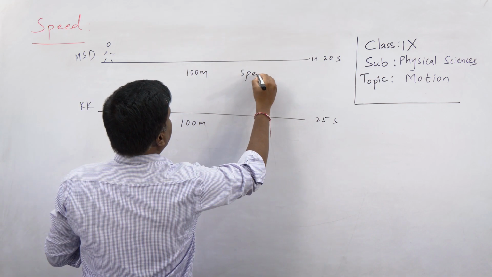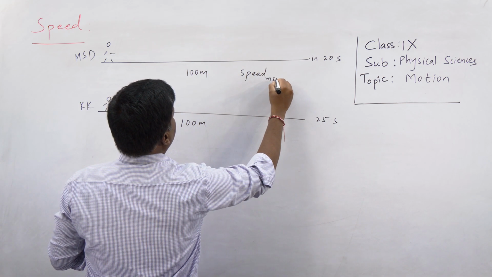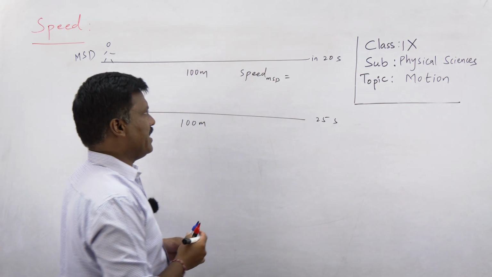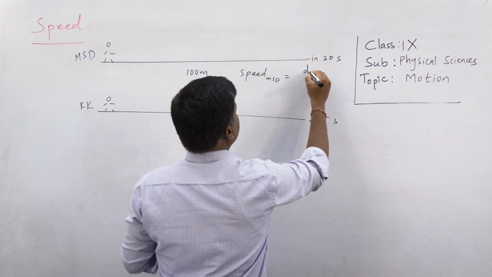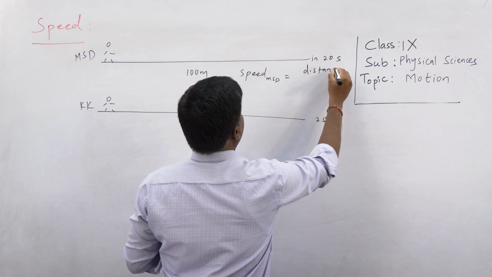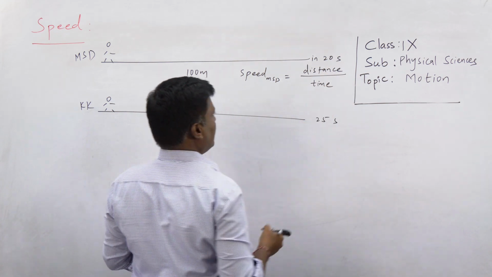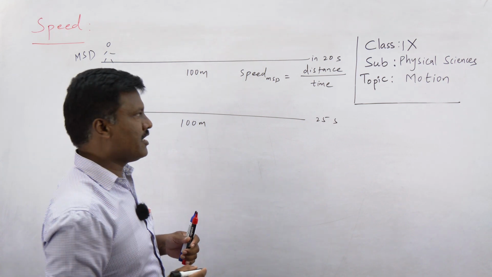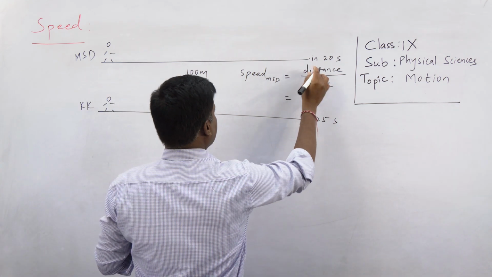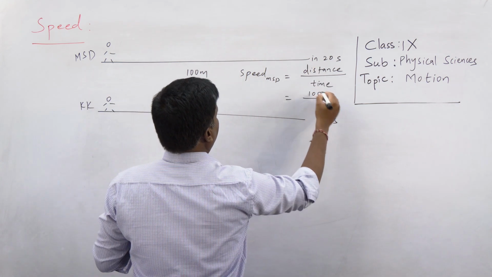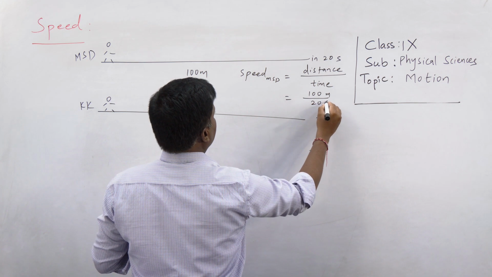Now we are going to calculate the speed of MSD. Generally we calculate the speed using the formula: speed is equal to the distance traveled by an object within the time taken, or time interval. What is the distance traveled here? 100 meters. And what is the time taken here? 20 seconds.